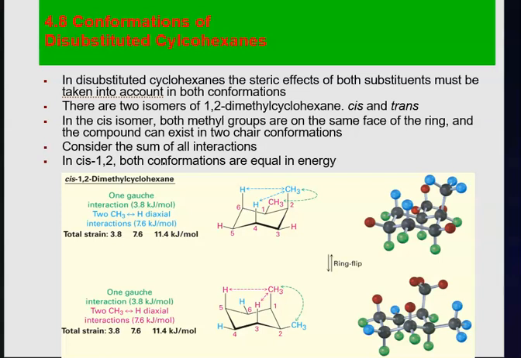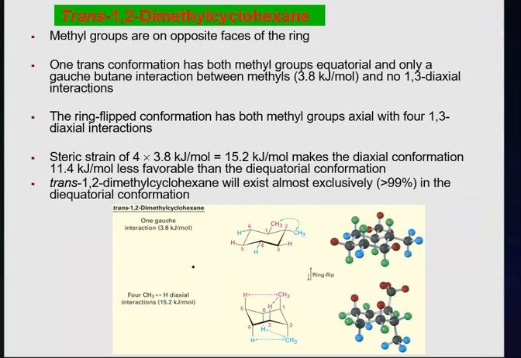You can have 1,3 substituents present in 1 and 3rd position, and again you can have cis and trans, and then again 1,4 cis and trans. So you will have more isomers in this case, so we have to look into each one of them separately.